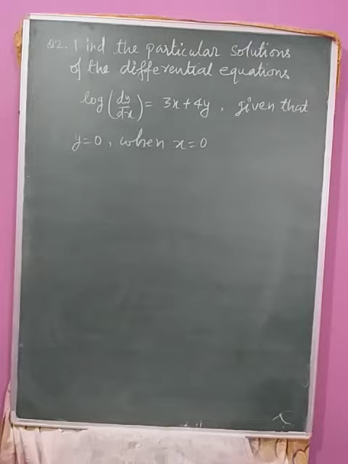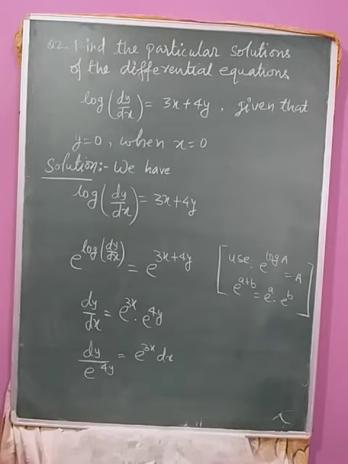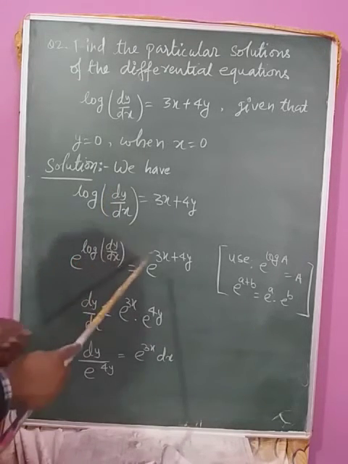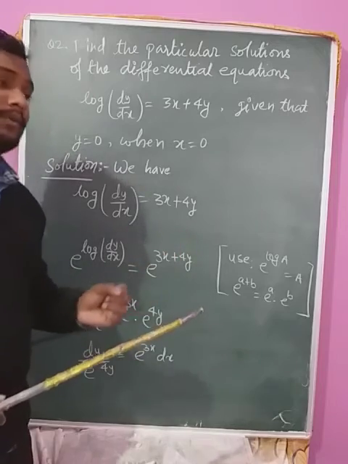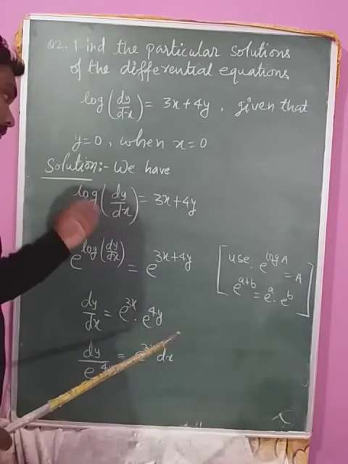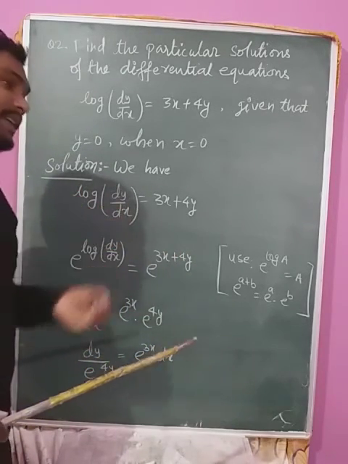So now we have log of dy by dx equal to 3x plus 4y. So we need dy by dx.